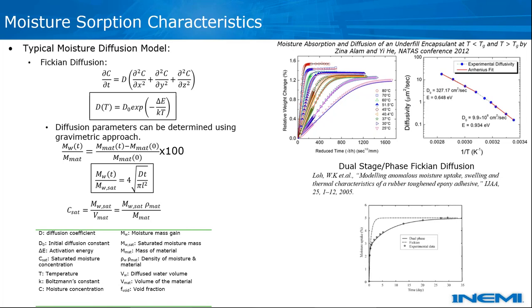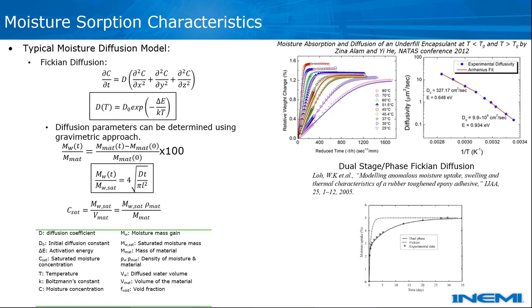The moisture concentration, or the CSAT, describes the capacity, or the amount of moisture that can be absorbed for a given humidity condition. And the higher the relative humidity, then obviously the higher the moisture concentration at a saturated state.